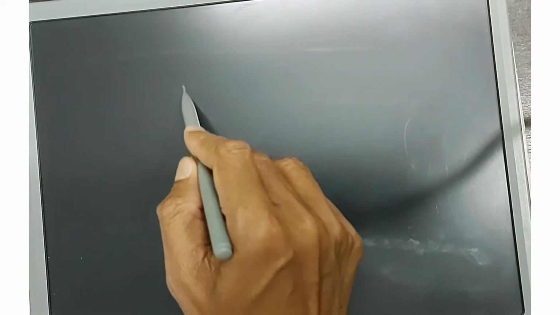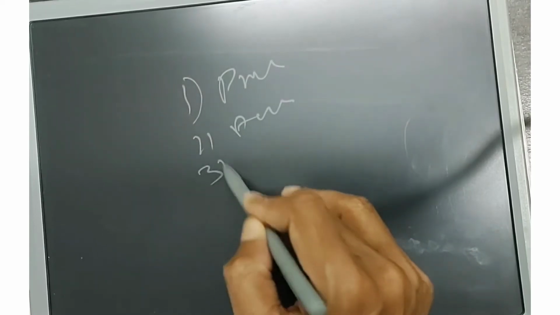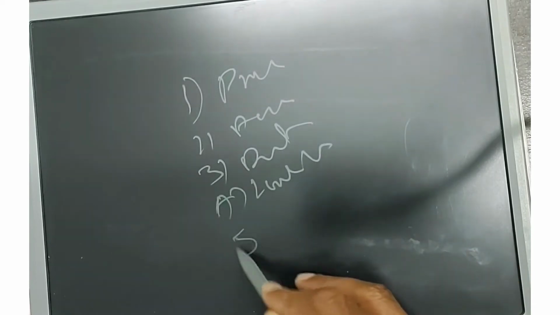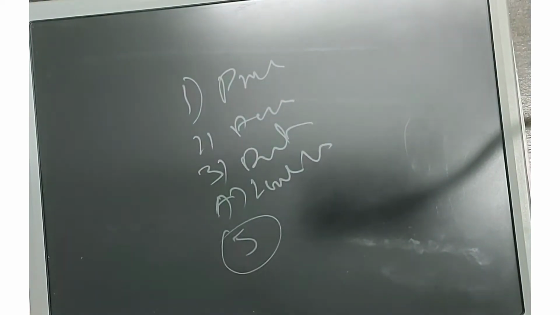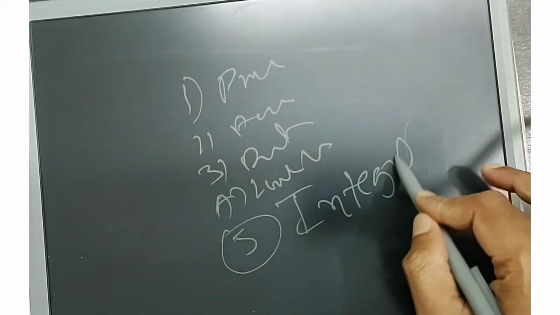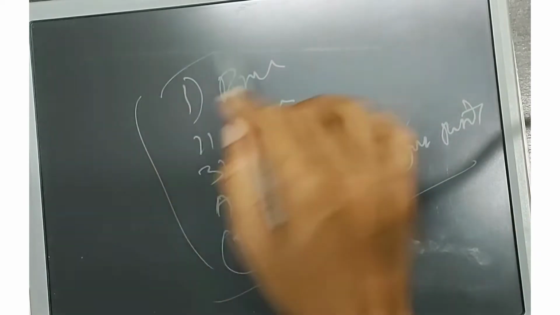So now we understood: first one is pipeline, second one is activities, third one is data sets, fourth one is linked services, and fifth one is integration runtime. So these are the 5 components.